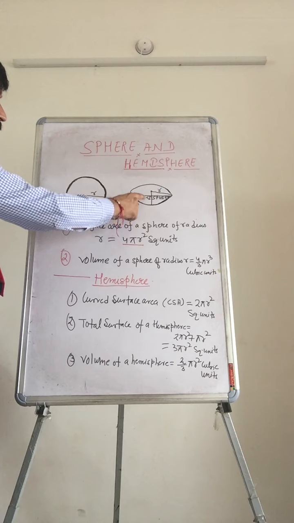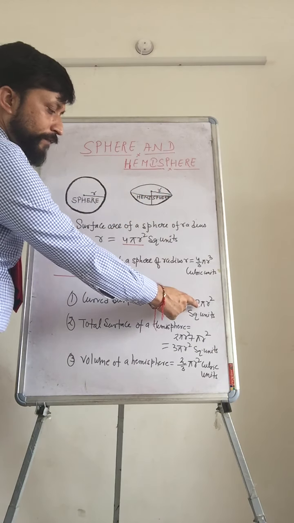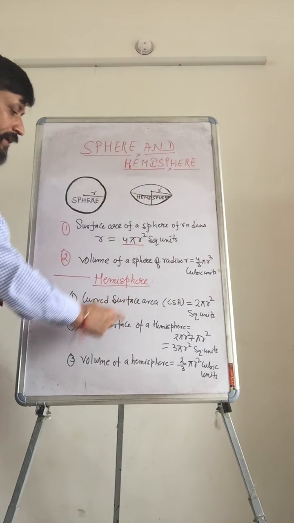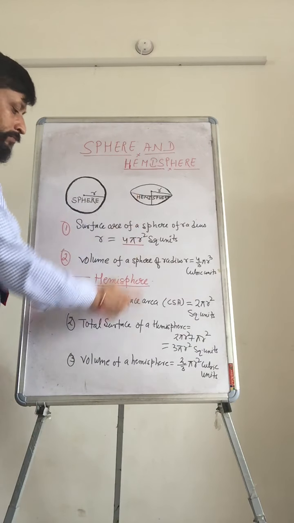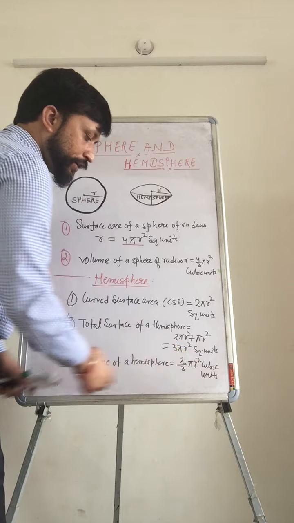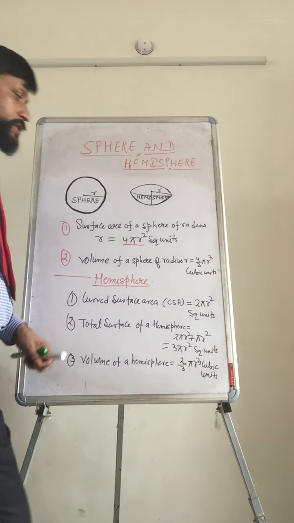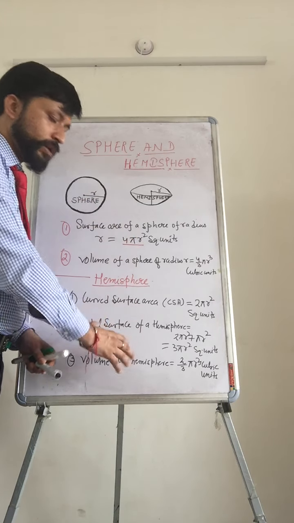And to find the curved surface area of a hemisphere, we have the formula 2 pi r square, for total surface area we have 3 pi r square, and to find volume use 2 by 3 pi r cube, cubic units. Now let's learn the application of all these formulas.